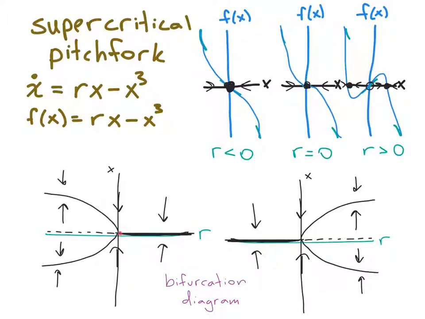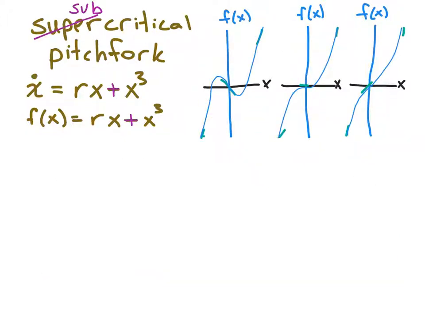We still call it a supercritical pitchfork, even if it opens the other way. The thing that makes it supercritical is the fact that this new pair of states is a stable pair of states. Now let's take a look at the subcritical example and see how its bifurcation diagram is different.